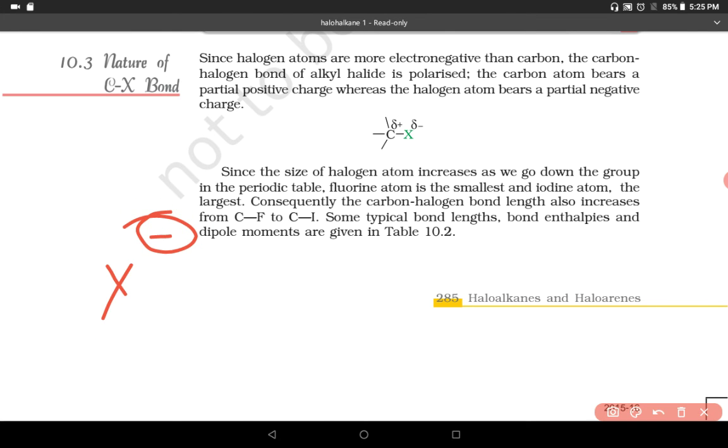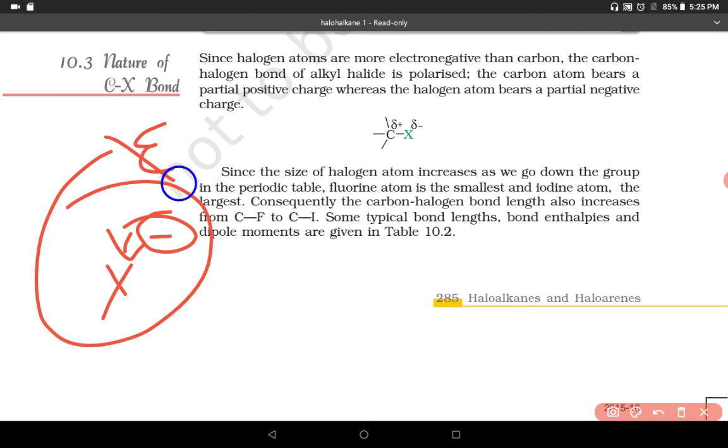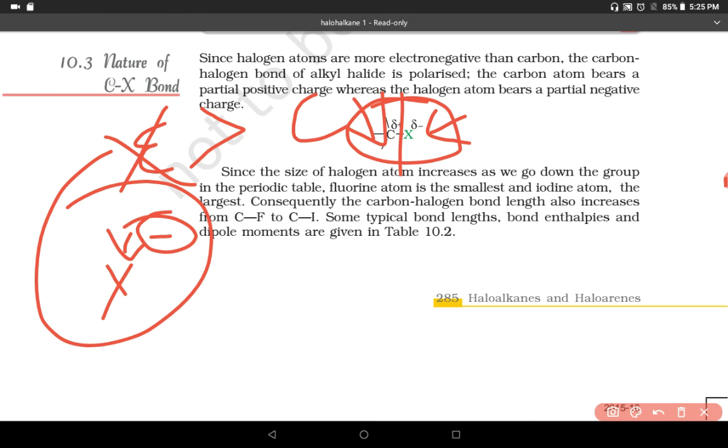It is always ready to take one electron to complete its octet. When electronegativity is compared, halogen is more electronegative than carbon, so polarization occurs. Carbon gets partial positive charge and halogen gets partial negative charge.